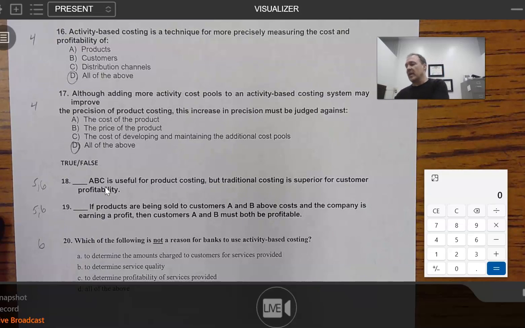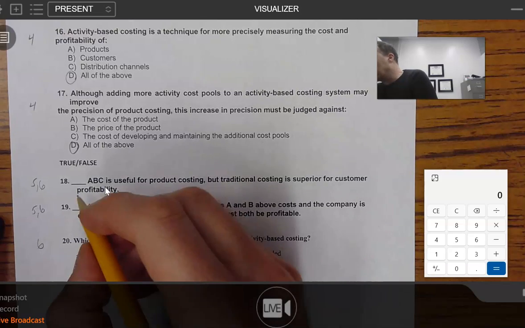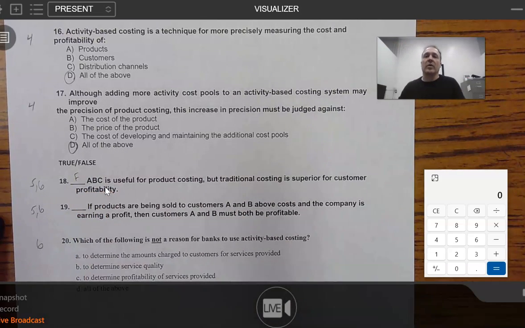This is a false statement. Activity-based costing is going to give us more product costing information, and as such, by extension, it's going to give us more accurate information as it pertains to profitability.